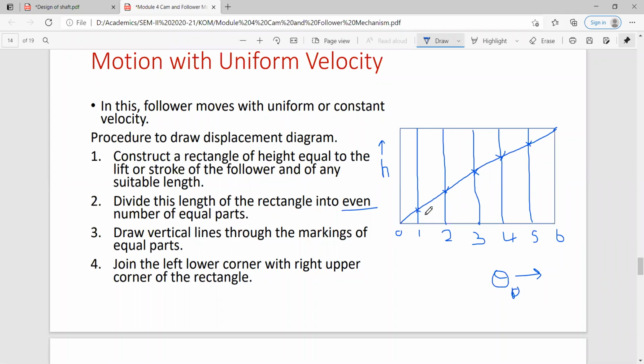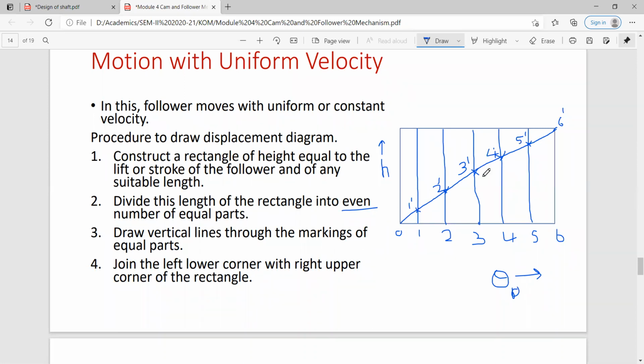So you get these points afterwards. I will call this point 1 dash, it is 2 dash point, similarly this point I will call 3 dash, 4 dash, then here 5 dash, and here it is 6 dash.